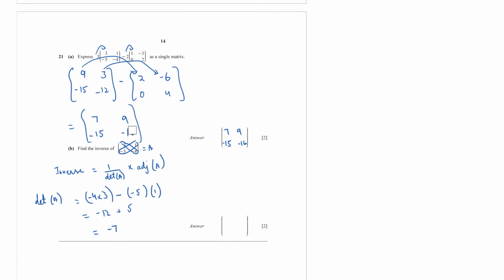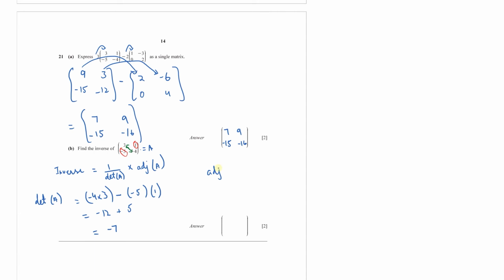And so how do you find the adjugate of A? You swap the positions of these two values, and then you change the signs of these two values. In fact, let me do this again. So you swap these two, and then you change the sign of this and this.